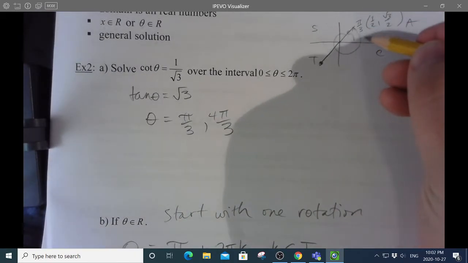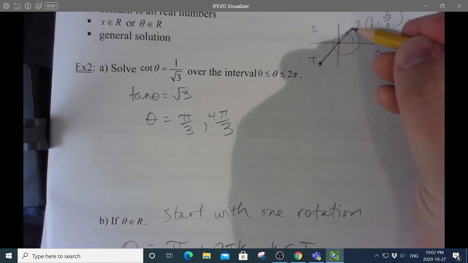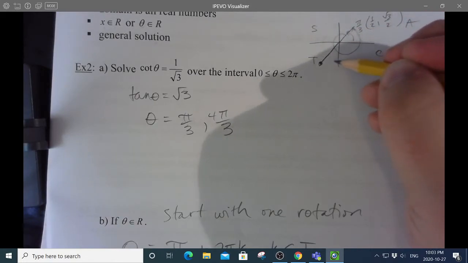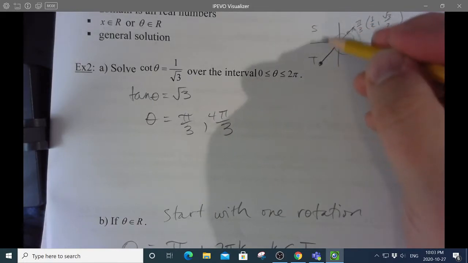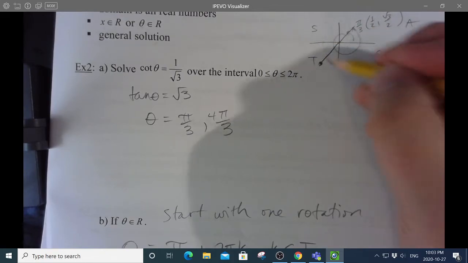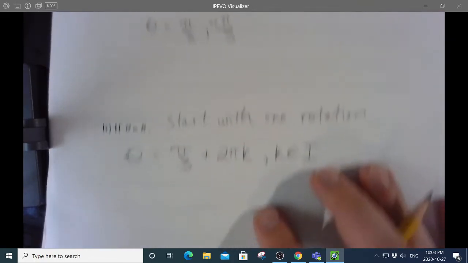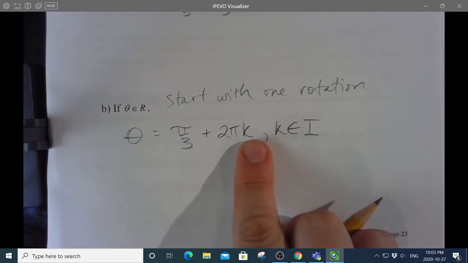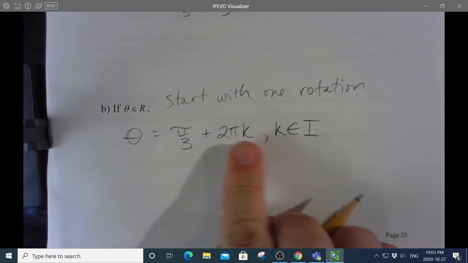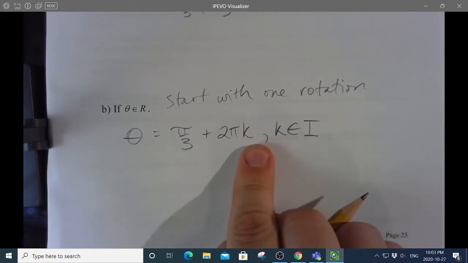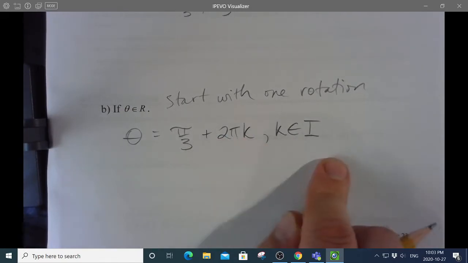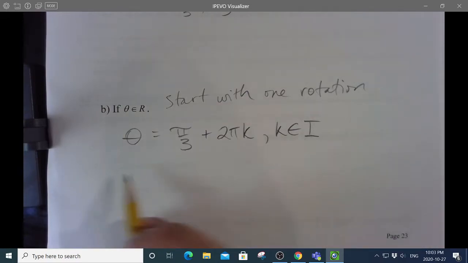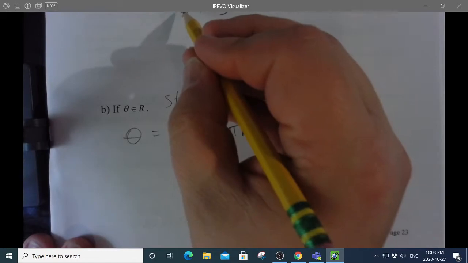Starting here, going this way, I would hit the same place after going 2 pi backwards, or 4 pi backwards, or 6 pi backwards. This k can be plus or minus 1, plus or minus 2, plus or minus 3. If k is a 1, that's 2 pi's. If k is a 2, that's 4 pi's. If k is a 3, that's 6 pi's. So I always get an even number of pi's. So that is the general solution for this answer.